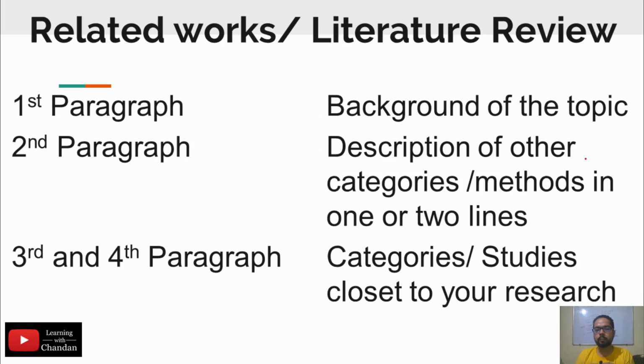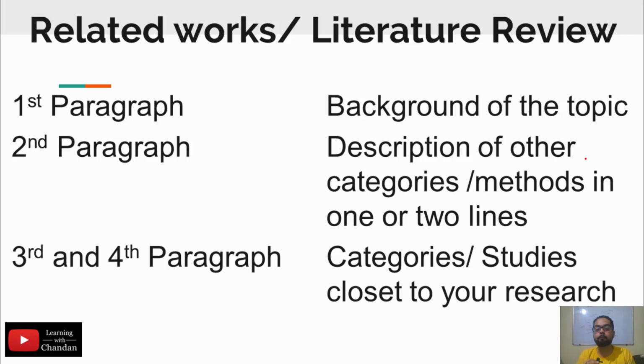Now, how are you going to write your literature review? Use the table that I shared with you in the session yesterday. Once you have made that table, you are going to write this part. In the first paragraph, you are going to cite those papers or tell about those papers which relate to the background of your topic.